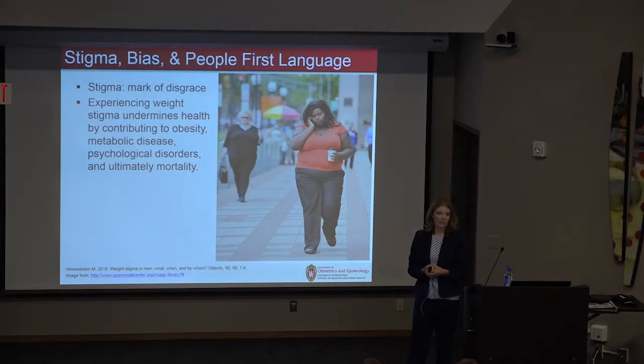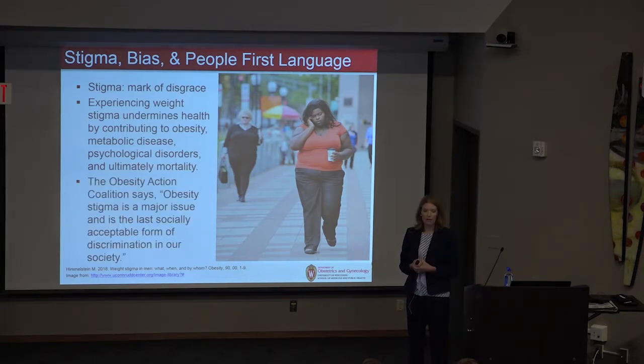In terms of stigma, stigma is defined as a mark of disgrace, and experiencing weight stigma can undermine health by contributing to obesity, metabolic disease, psychological disorders, and ultimately mortality. The Obesity Action Coalition says that obesity stigma is a major issue and is the last socially acceptable form of discrimination in our society.